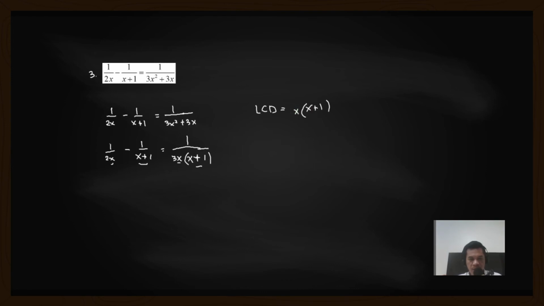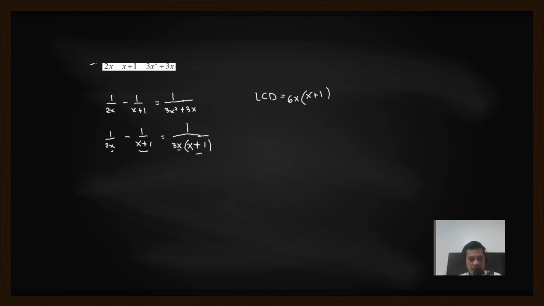Okay, so we have here 3 and 2 multiplied at 1, we have 6. So our LCD now is equal to 6x times the quantity x plus 1. Okay, so what is next?